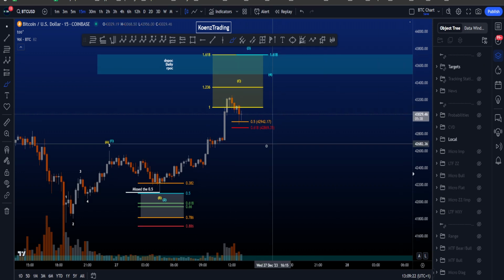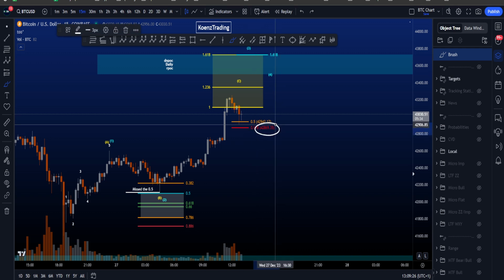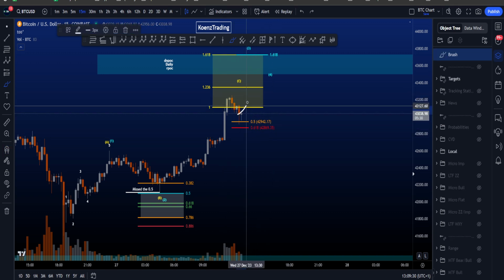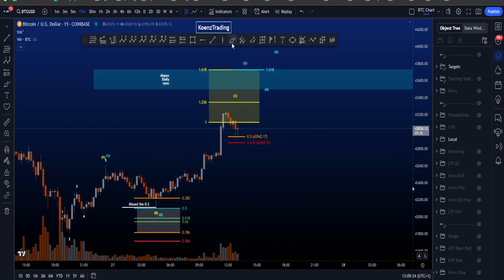So for an impulse, you do not want to see the 0.618 hit here at 42.8k before taking this high. If price takes the high and then moves down, well, we'll see what happens then, right? But at least you then still increase the probabilities for a potential impulse to the upside.